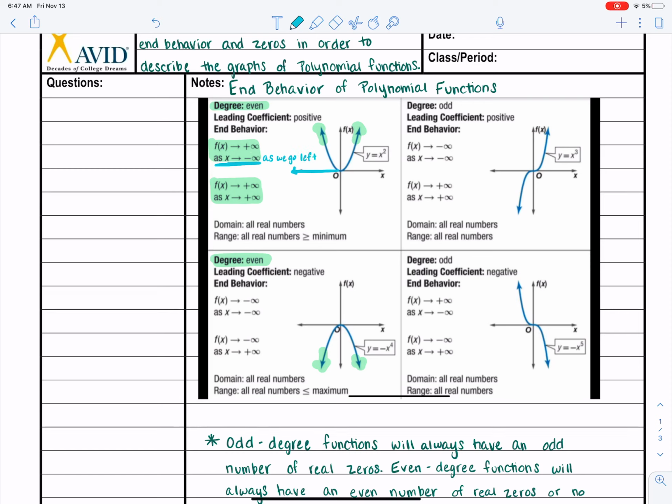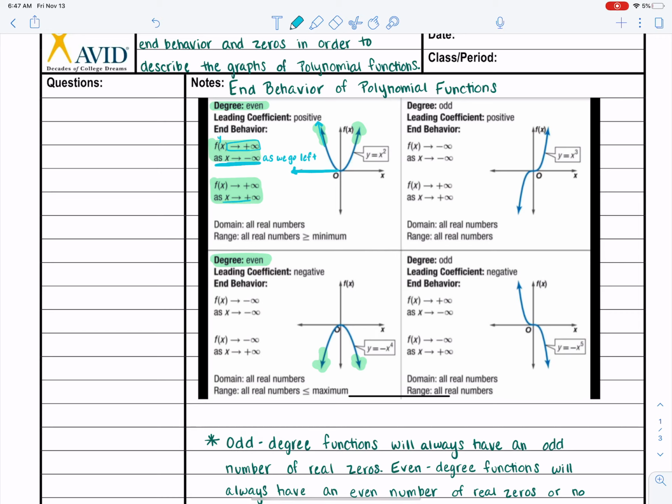If you ever see as x approaches negative infinity, it always means the same thing, as we go left. As you go left, the y values, remember f of x is y, are going up. So the y values are approaching positive infinity. That arrow means approaching.